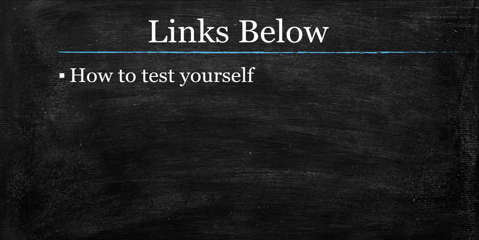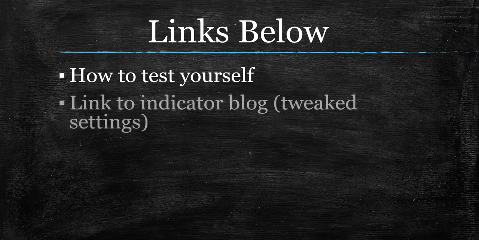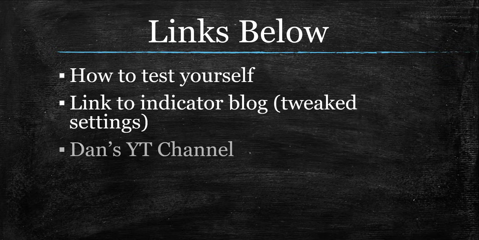You're just going to have to look and see if those indicators exist on other platforms, because we just focus on MT4 here because that's the testing system we use. You will also get a link to the blog, one of the most important pieces of information we give you. They give you all the tweak settings that we use to get the results we get. On top of any kind of math, any kind of history behind this indicator, you're going to want to see that along with Dan Stone's YouTube channel.